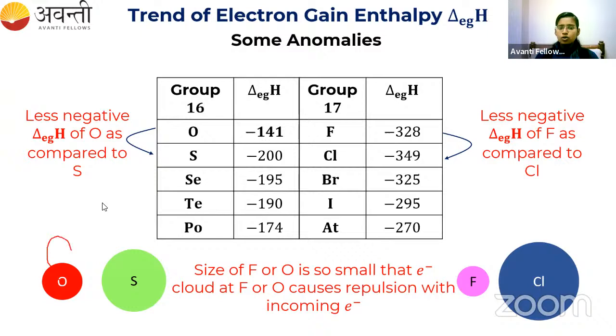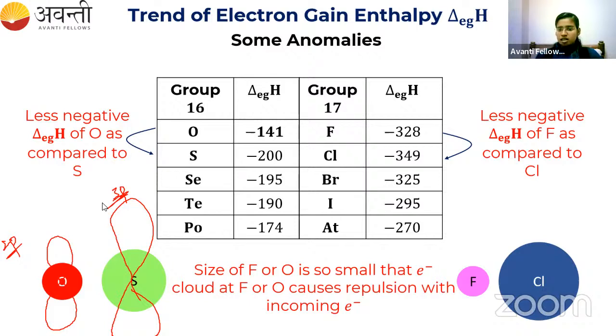Oxygen will have a 2p orbital and sulfur will have a 3p orbital. So the 2p orbital will be smaller in size compared to the 3p orbital, right? Oxygen is a second period element, so it has its last electron in the 2p orbital. Sulfur belongs to the third period, so it will have a 3p orbital.